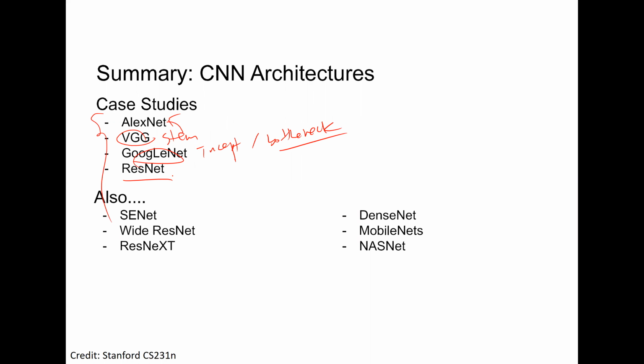And ResNet got the idea from AlexNet for the stem network and bottleneck for bigger network architectures. And there are variants of ResNet and different architectures for efficiency or better performance, like EfficientNet as well.